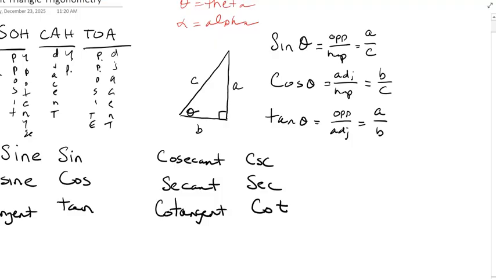Now let's talk about the reciprocal. Why are these called reciprocal identities? Because cosecant, well, that's going to be hypotenuse over opposite.